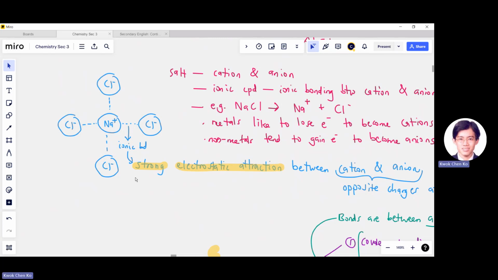Maybe I just put down this point here. So therefore, you have ionic bonds all around. It's not just one single ionic bond.